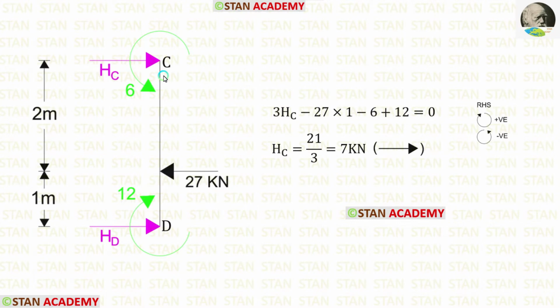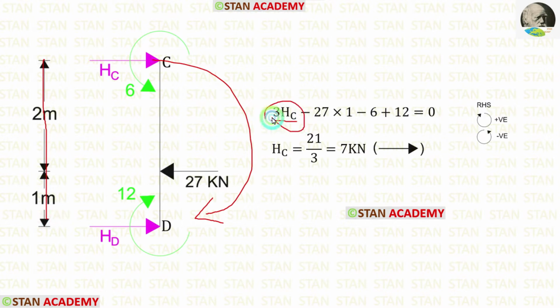Now let us find the horizontal reaction at the point C, HC. For that, I am going to take moments about D. In this case, I am moving towards the right hand side. Clockwise will be positive and anti-clockwise will be negative. HC is acting towards the point D in the clockwise direction, so it will be positive and the distance is 3 meter, so 3 HC.